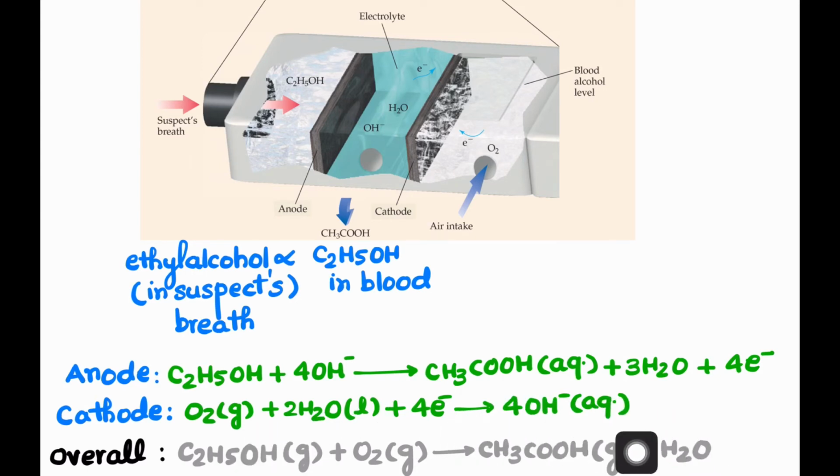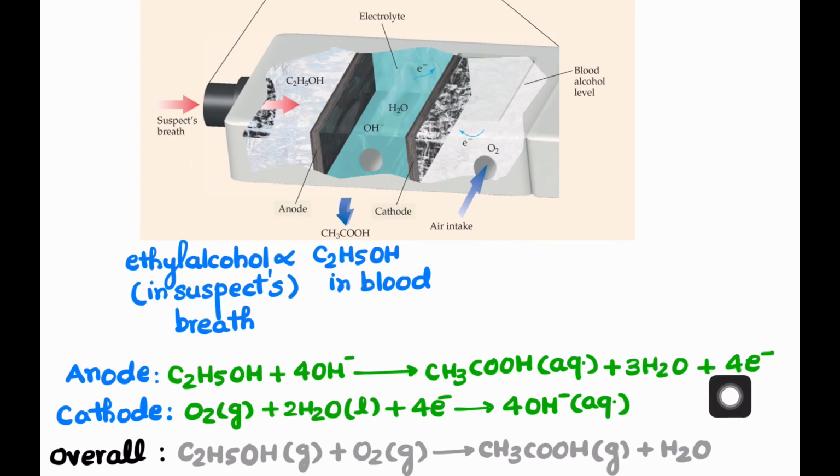So this is the overall reaction in the fuel cell that is present inside the breathalyser. Now we can say the amount of electricity, that is the amount of current produced, will depend on the amount of alcohol in the suspect's breath. That is very important. It works on that principle only.